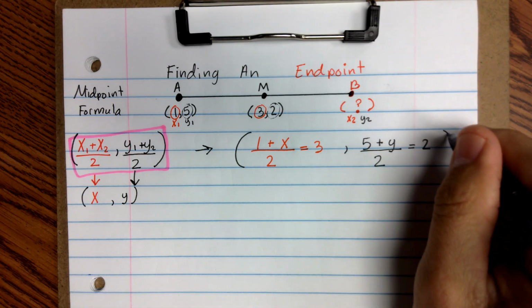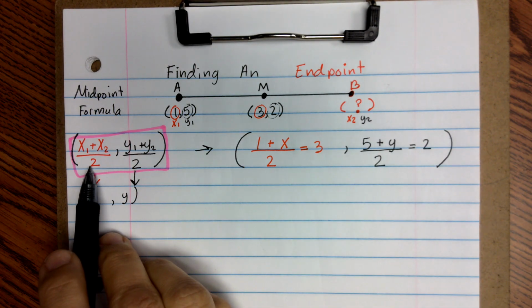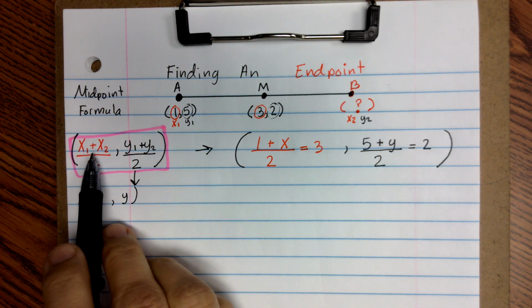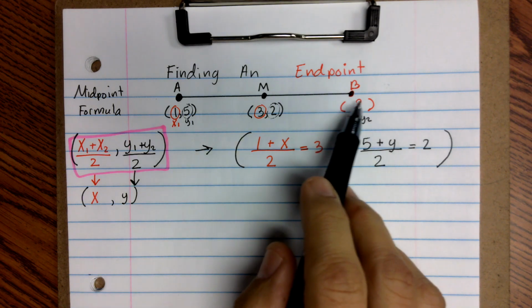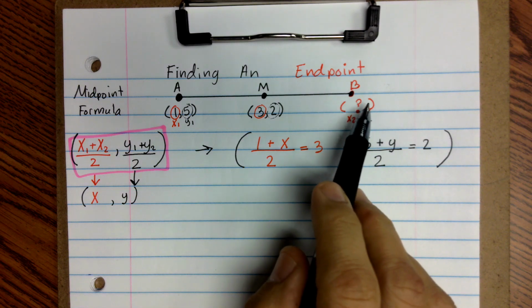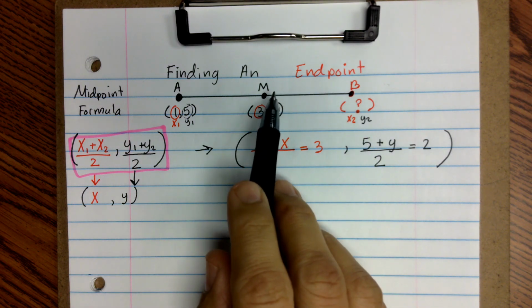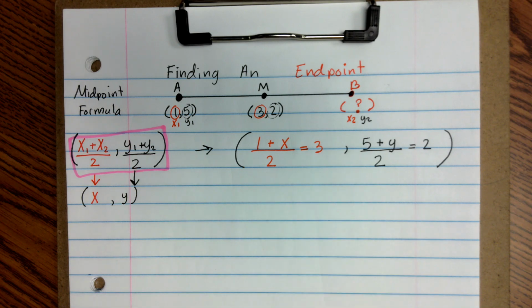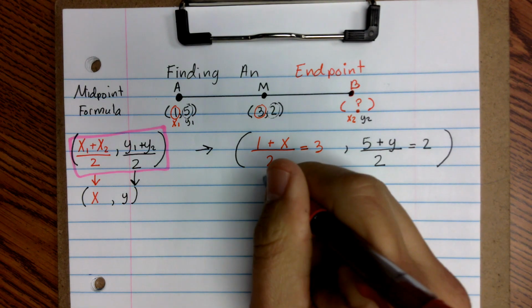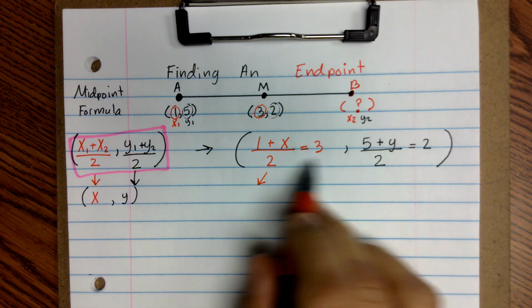So again, this looks different than what we've normally done for midpoint, because normally we have X1 and X2. In other words, we have the ordered pair for the first point, and then we have the ordered pair for the end point, and we have to figure out the midpoint. But in this one, we don't have that, so we're working backwards. So let's go ahead and do some math. I'm going to break these up, just showing you what's happening.